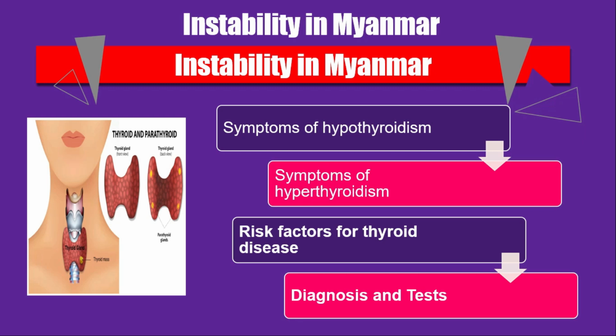Symptoms of hyperthyroidism are a faster than usual heart rate, difficulty sleeping, unexplained weight loss, feeling sensitive to heat, clammy or sweaty skin, feeling anxious, irritable or nervous, and an irregular menstrual cycle or lack of periods. So these are the main symptoms.